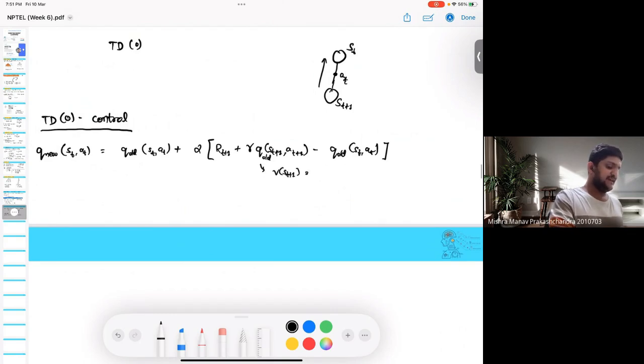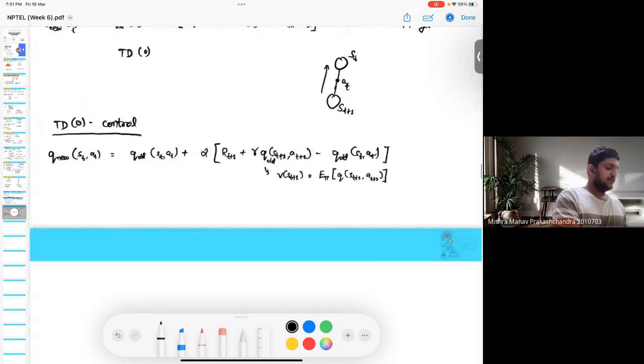But again, if I fix policy pi, I'm generating a sample based on policy pi. So my V of S_(t+1) is an expectation of Q(S_(t+1), A_(t+1)). Instead of taking the expectation, I'm taking a sample from that expectation. So this is what I have replaced here for the control part.